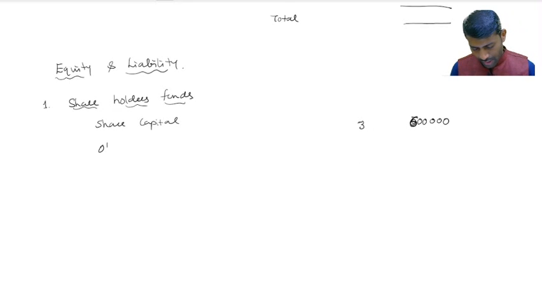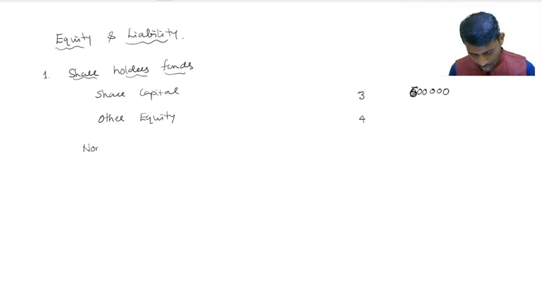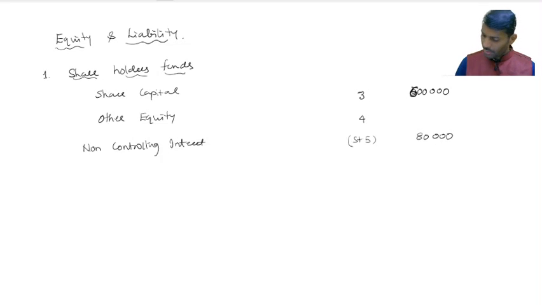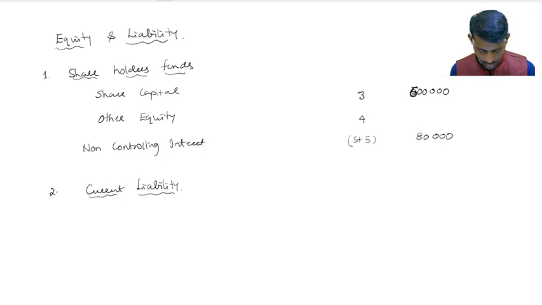Then other equity, note number 4. Then non-controlling interest, from step number 5: 80,000. Do you have any long-term borrowings? No. Then current liabilities.